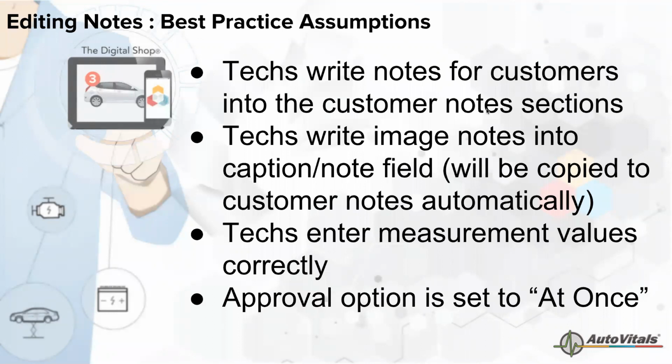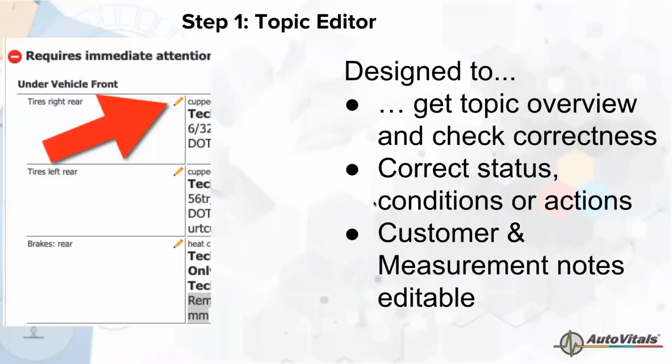Some owners want their service advisor to do that. This is not covered today because it's pretty simple. You have to approve every single node individually. There's nothing really to explain about. The more interesting way is when the approval option is set to at once. So those are the assumptions.